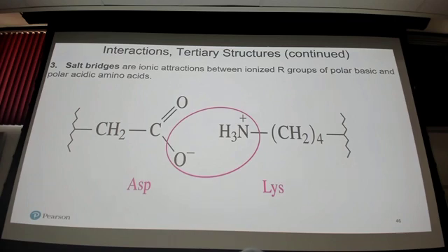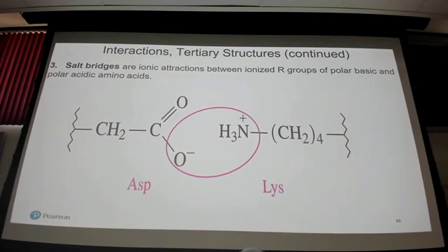Another type of tertiary structure is salt bridges. Salt bridges are formed when you have opposing charged amino acids. This is at physiological pH, so you know there are only two groups, the polar basic and polar acidic.